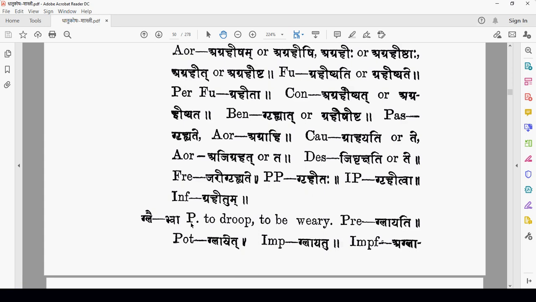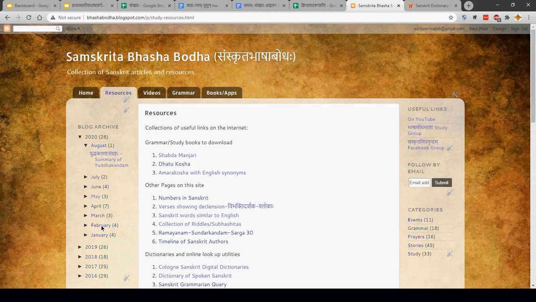So even the Paniniya Dhatu Pathaha, and also there are other dictionaries for Namapadams, like collections of synonyms such as Amarakosha, which is the third downloadable here. It's a synonym dictionary. If you want, you can download it and just browse through it.